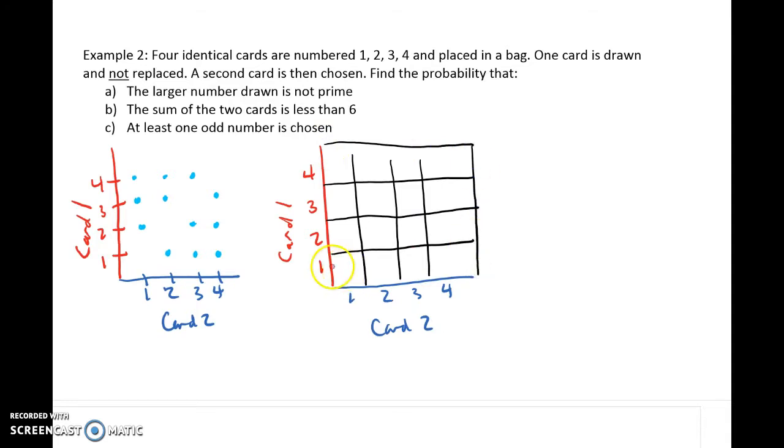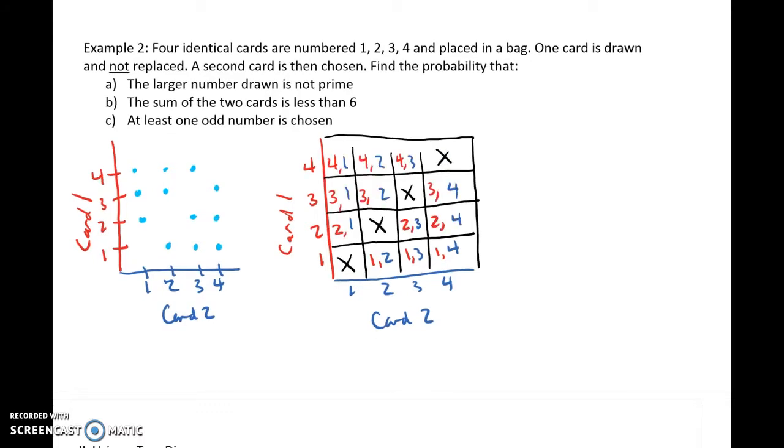So if I pick 1 as my first card, I can only pick 2, 3, or 4, because 1 was taken out of the picture. So if it helps, you can just immediately cross off any of those repeated numbers, because we can't pick itself if it's not in the bag. Okay, so those are my possible sample spaces.